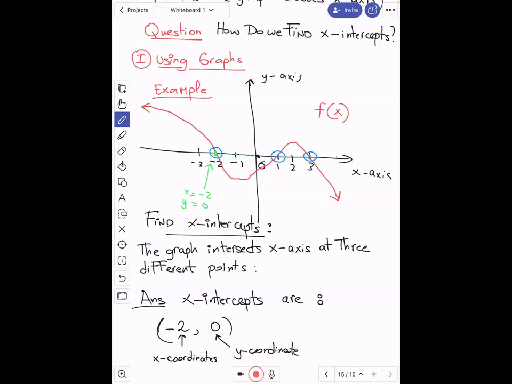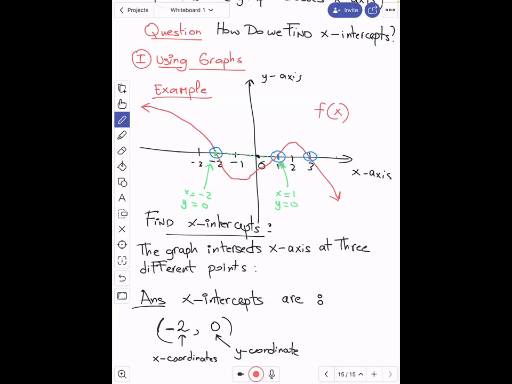My second point would be right here, this one here. So my second point would be, here my x is +1, and again the corresponding output y, because the level is just 0, that's my x-axis, so the y would also be 0 here.